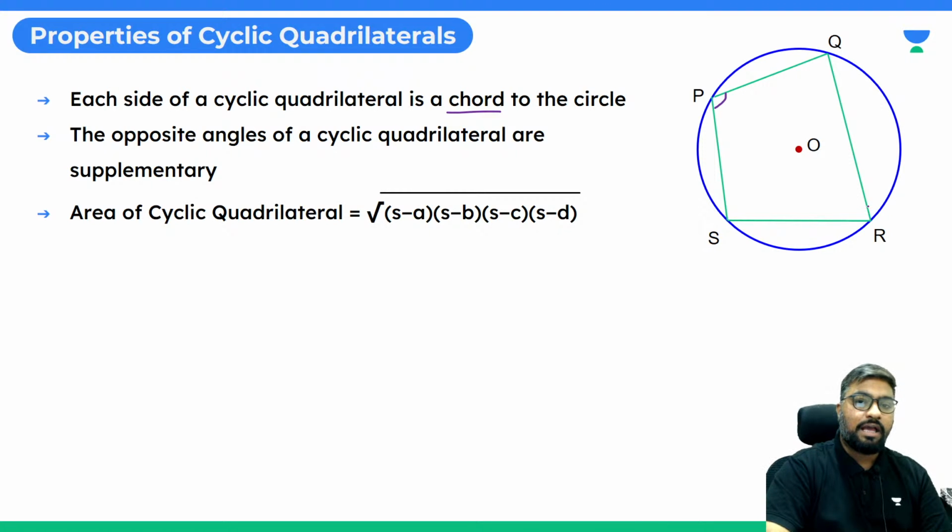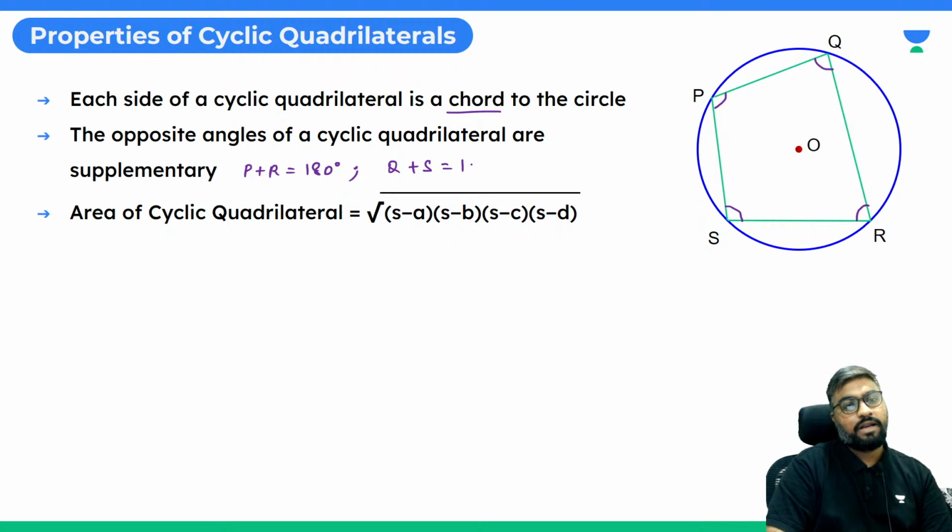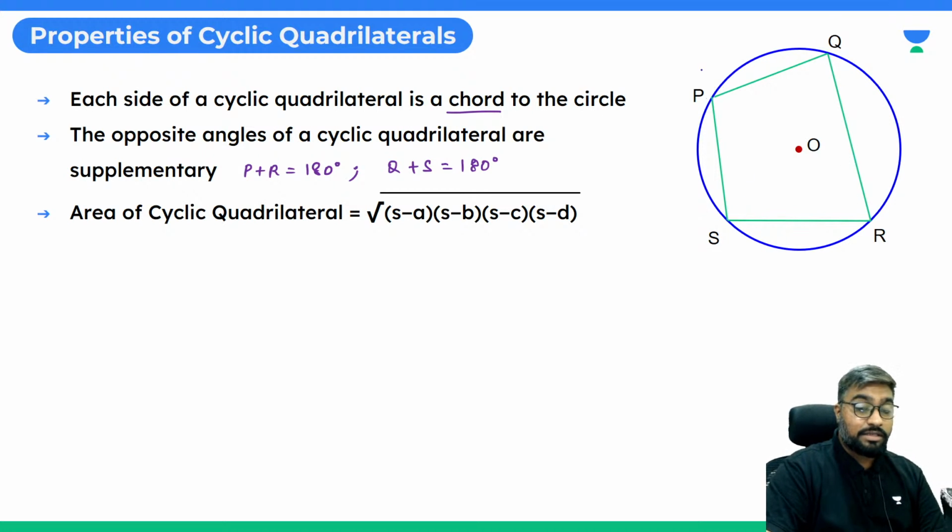Angle P plus angle R is 180 degrees. And angle Q and angle S are 180 degrees. Clear? They may not be equal. Adjacent angles may not be supplementary, but opposite angles are always supplementary.